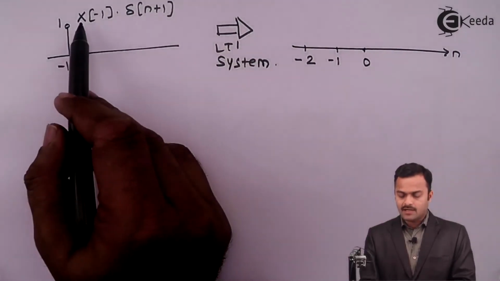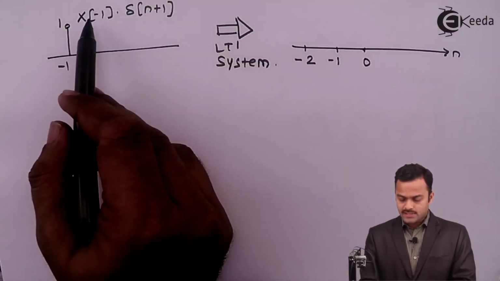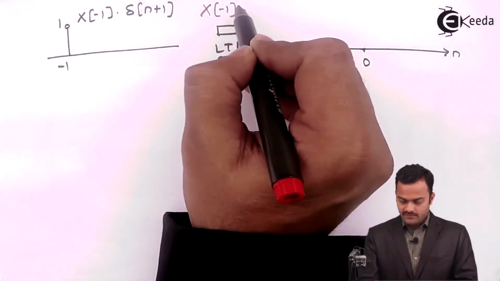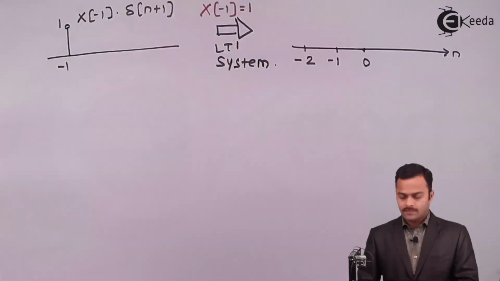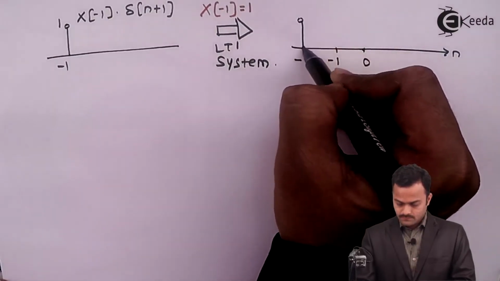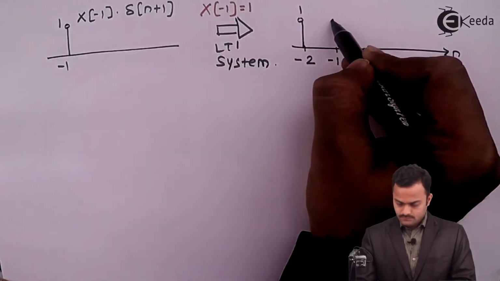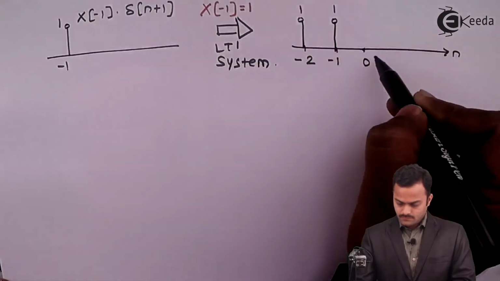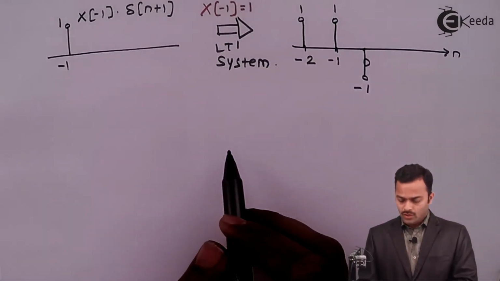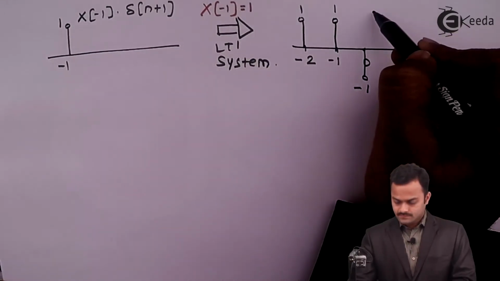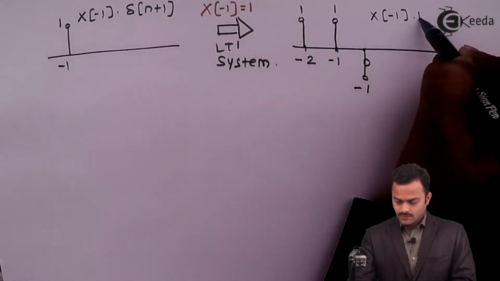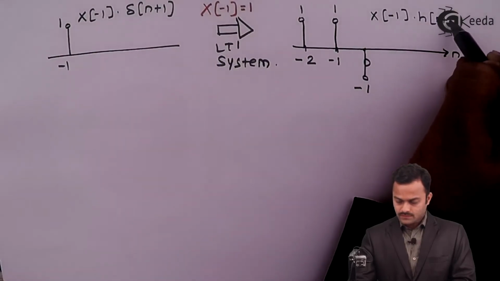At the same time, it is multiplied by constant x of -1, where x of -1 is the scaling factor, nothing but a 1 in this case. So signal will be like this. And we call this as x of -1 h of n plus 1.